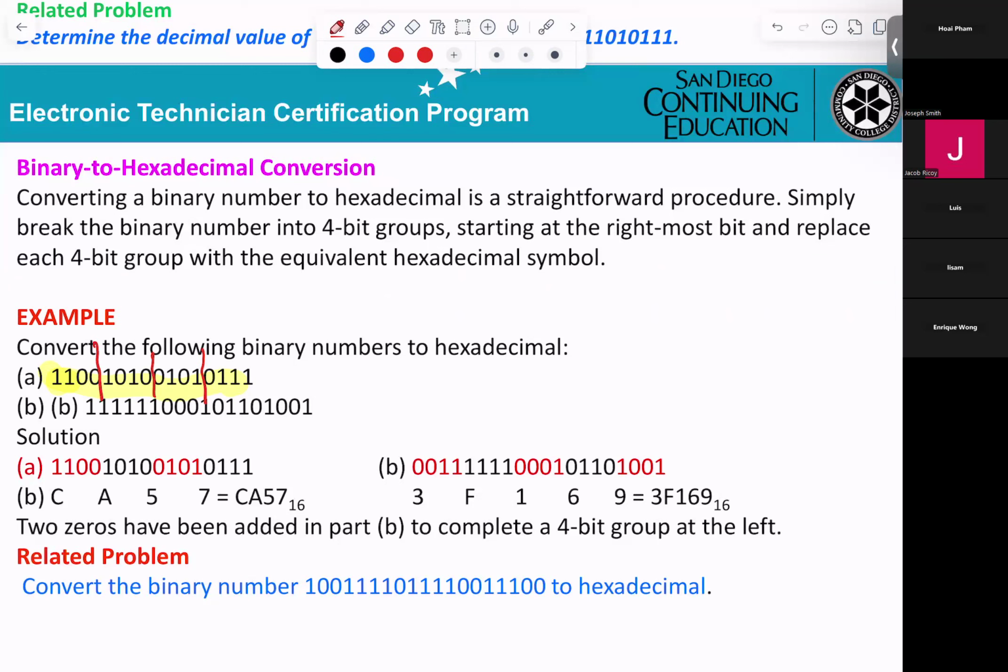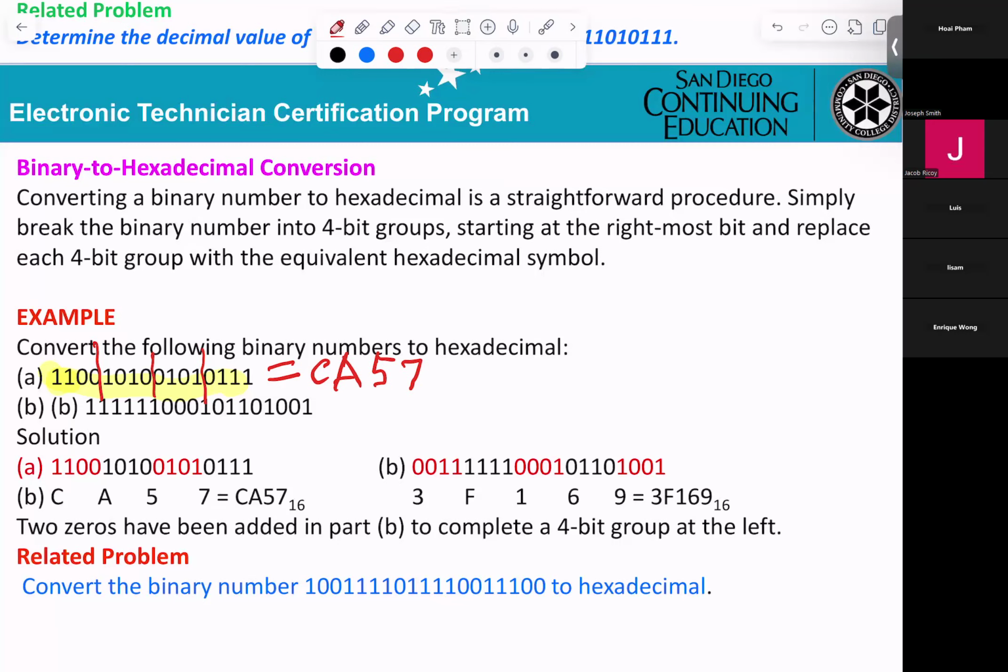Then now you're converting. 1, 1, 0, C. 1, 0, 1, 0, A. 0, 1, 0, 1, 5. 0, 1, 1, 1, 7. That's okay.